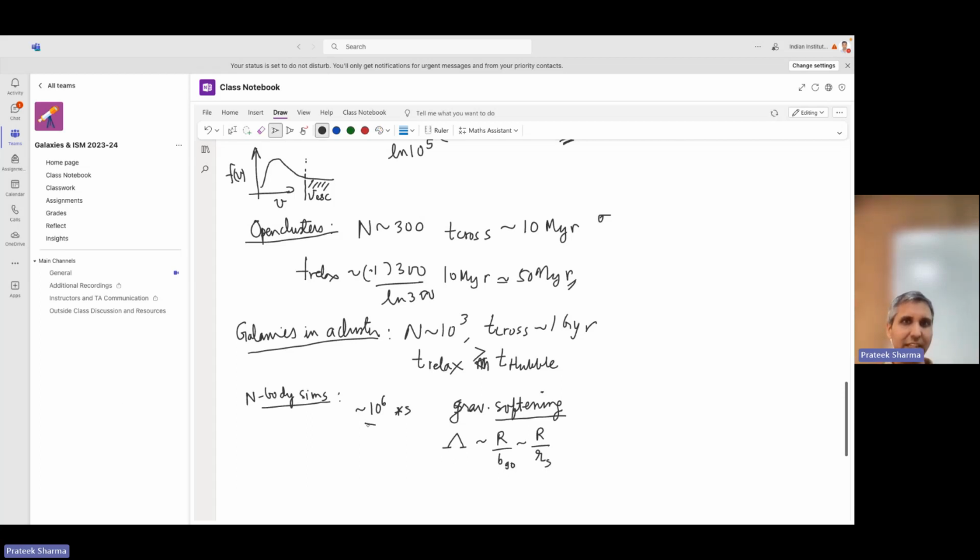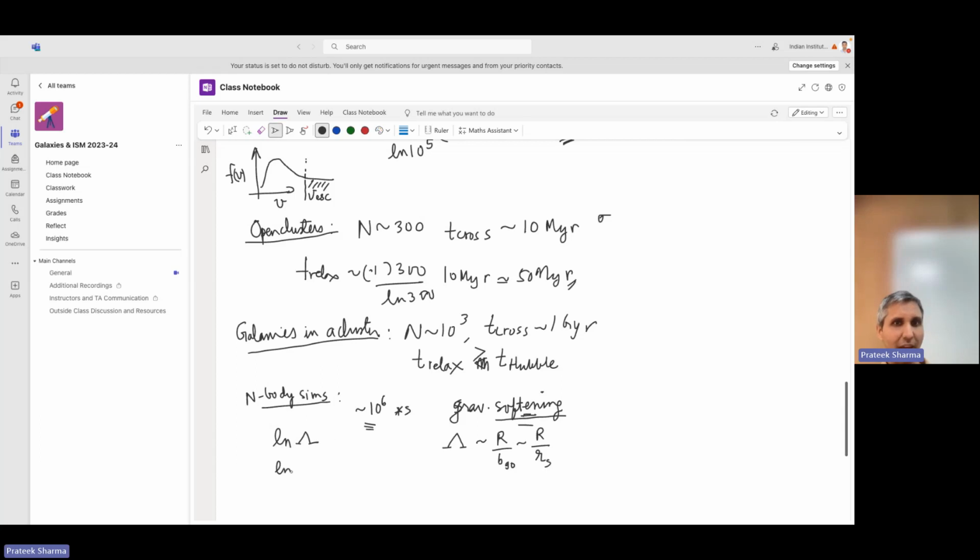So one is increasing the number of stars that you simulate. And this is actually a real issue. If you look at the n-body simulation literature, you will actually find a discussion of all this. So there is this log lambda factor, right?